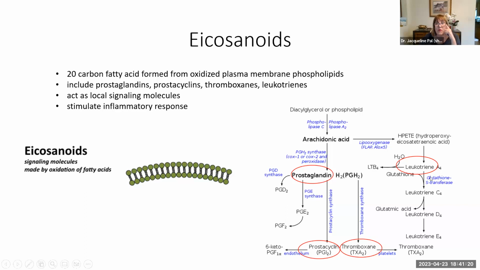And then the fourth one, which is really important, and people didn't know about it for quite a while, are leukotrienes, and leukotrienes are molecules that cause smooth muscle in our airways to constrict. So blocking this is a major component of asthma therapy.